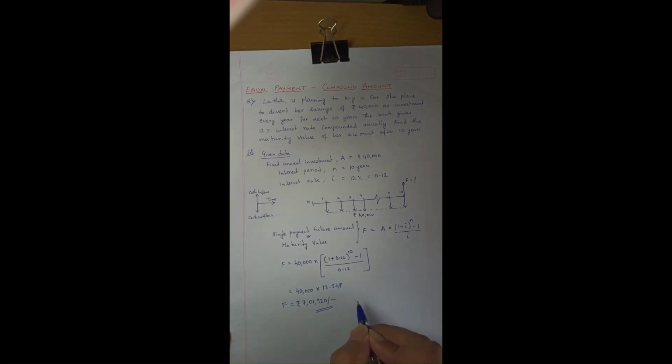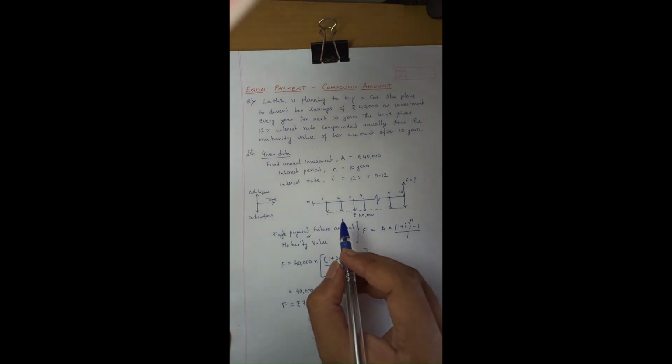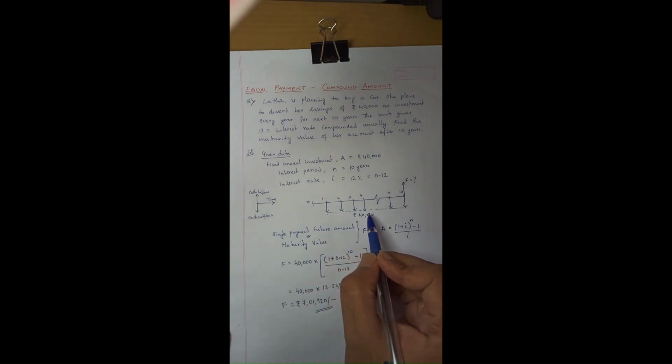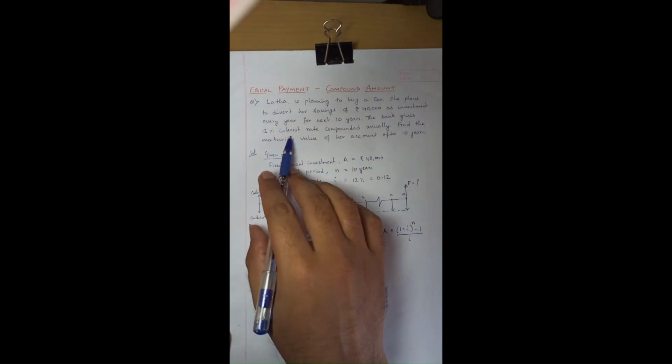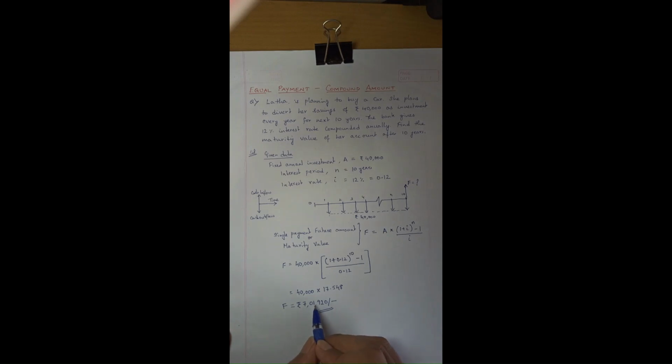So if Lata is planning to invest 40,000 rupees every year into the bank, which is giving 12% rate of interest, she will be having 7,01,920 rupees after 10 years in her account.